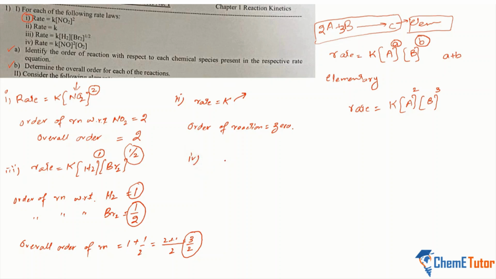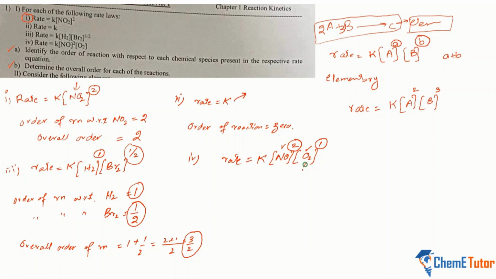For the fourth part, in which rate is equal to k NO to the power 2 O2, the order of the reaction with respect to NO will be 2. With respect to O2, there is nothing over here, so it's always 1.